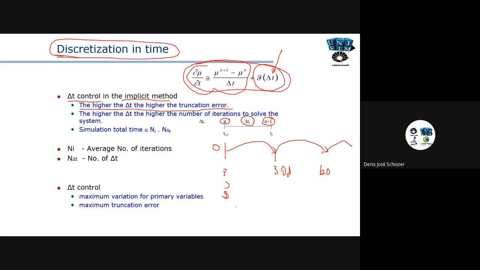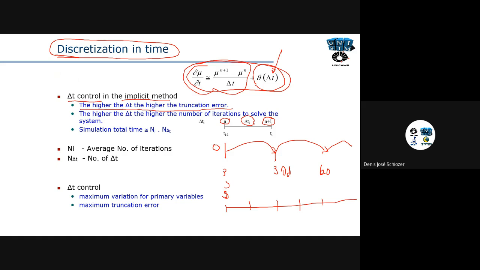So, for example, if I run the simulation from 30 to 30 days, I have a certain quality of the solution. If I run the simulation from 15 to 15 days, the solution is a little bit better because this truncation error is smaller. If I run the simulation from 1 day to 1 day until the end of the simulation, the solution will of course be better than with 30 days.